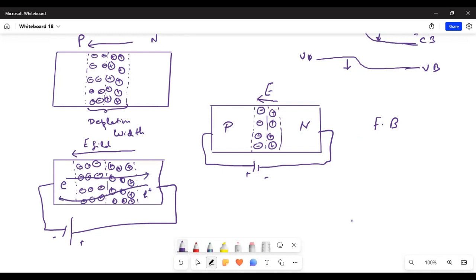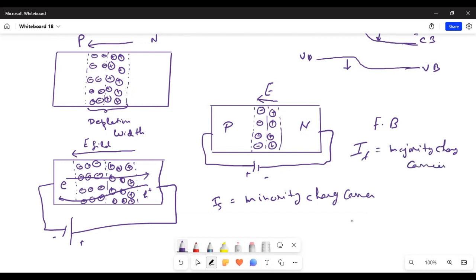So there is a flow of current due to the saturation of minority charge carriers. In forward bias, there was also current for this, and that is due to majority charge carriers.